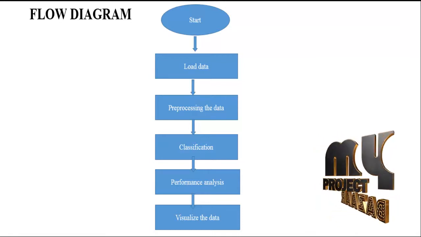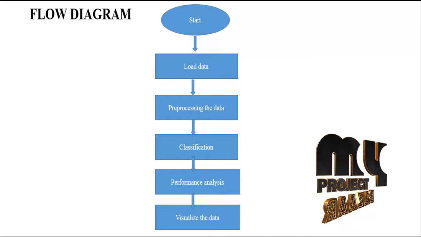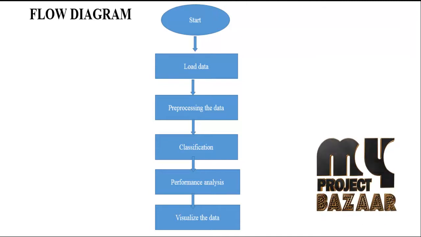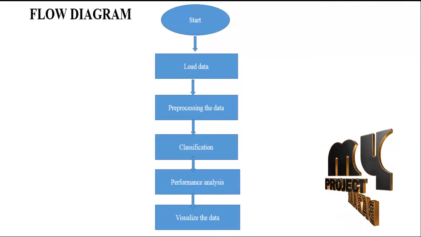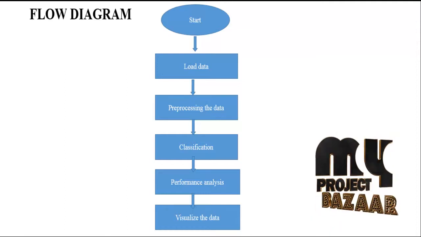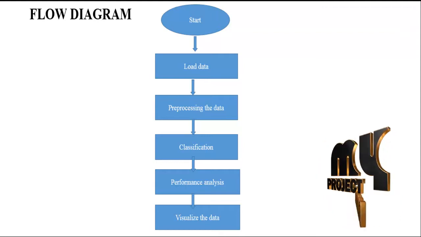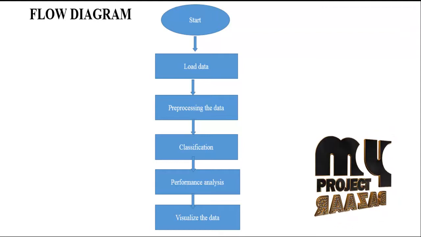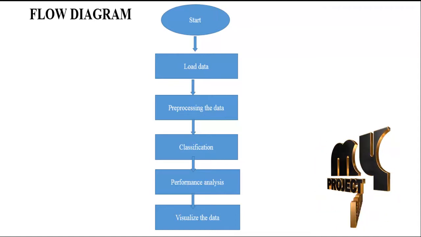Start our process. First, we have to load our input data. Our input dataset name is the iDisease dataset. It was collected from the dataset repository. Then we have to implement the pre-processing step.